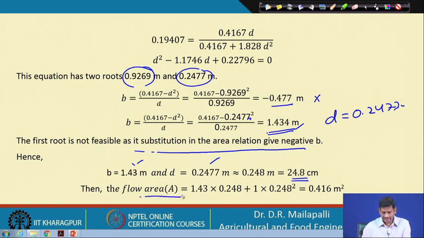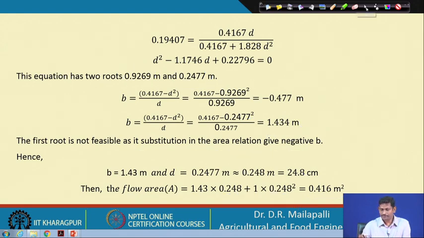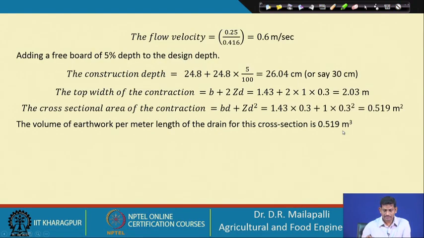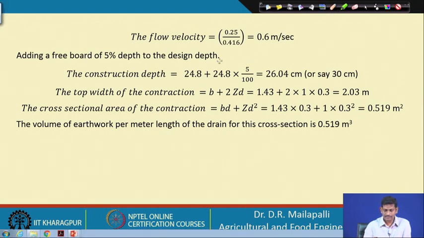And then the flow area, that is 1.43 into, so substituting the equation, so 0.416 meter square. So, now we got the flow velocity, that is Q by A. So, that is 0.6 meter per second.